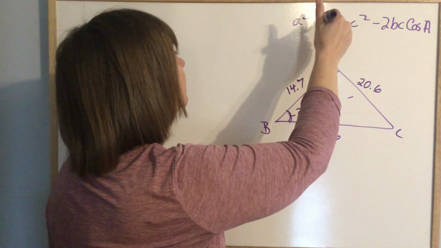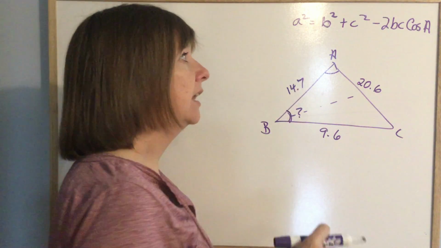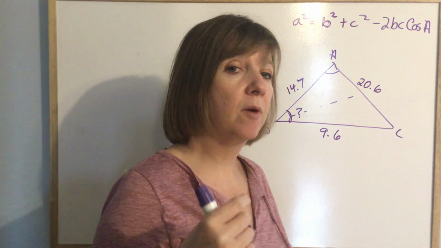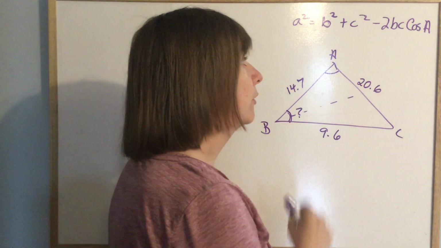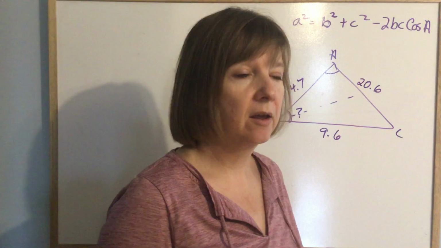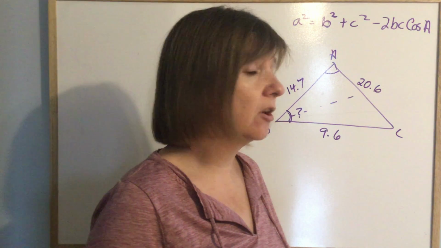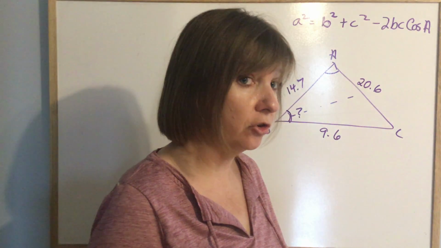Sorry, this should be an equals. They memorize it with a side isolated, and then they memorize it rearranged so that the angle is isolated. I don't bother to do that. I rearrange it once I have the numbers in it. I find it easier to do.